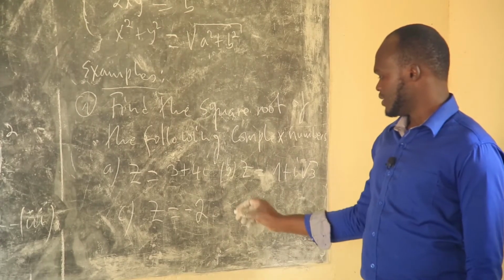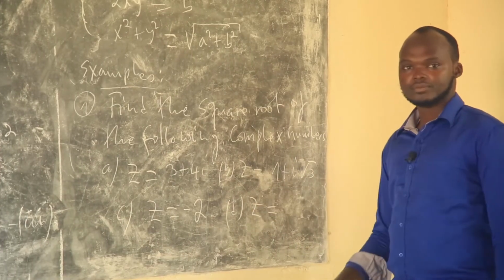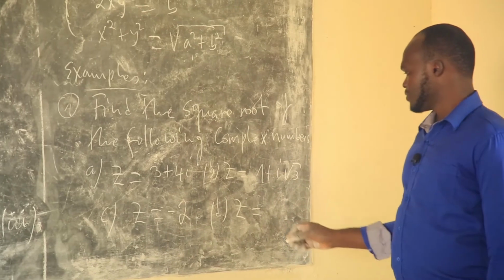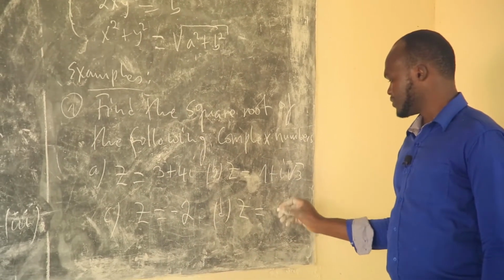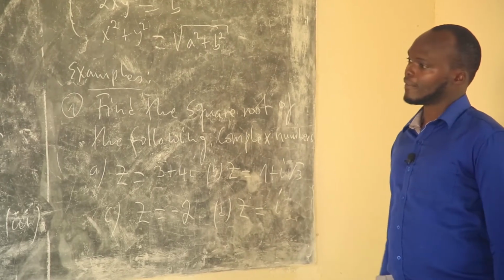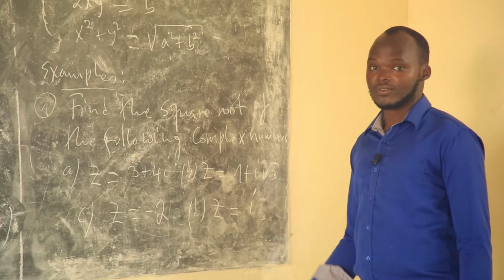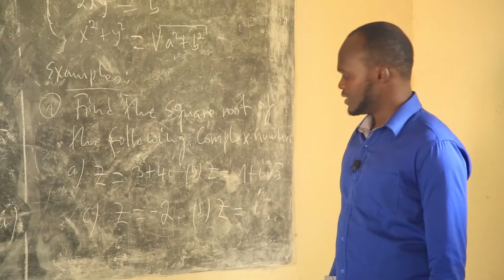We have d, z equal to i. So let us try to do those examples. Those examples are going to help us to know how we can find square root of any complex number.